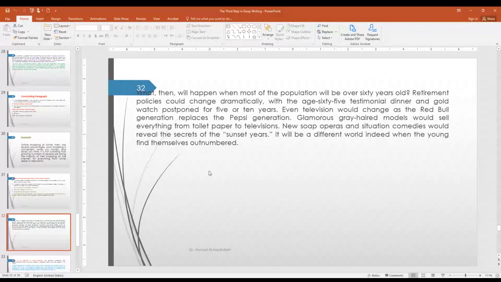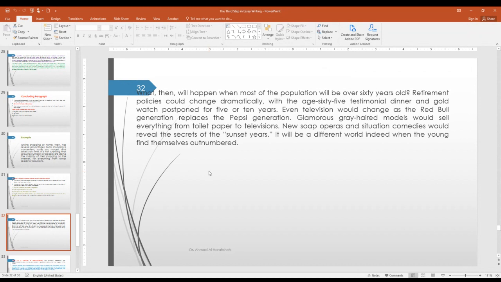This is a question. Now the answer. Retirement policies could change dramatically. With the age 65, testimonial dinner and gold watch postponed for 5 or 10 years. Even television will change as the Red Bull generation replaces the Pepsi generation.